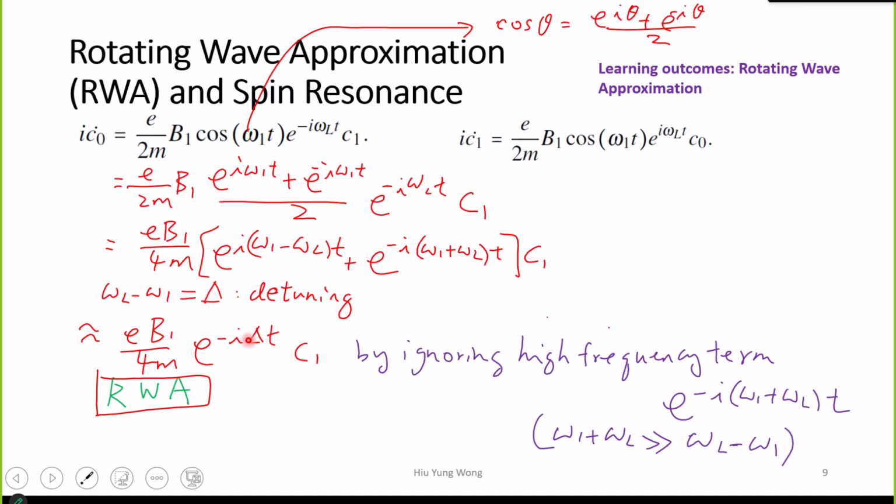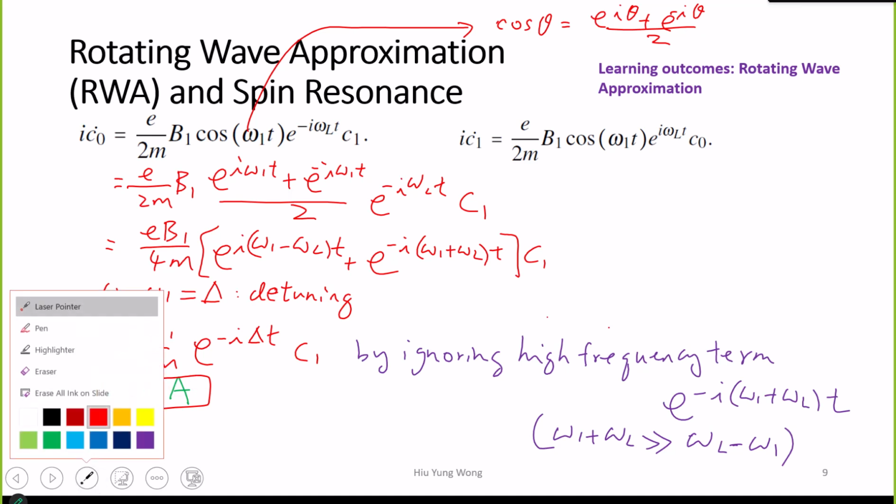So this one becomes negative i delta t. I swap them. Do you see that? So this is equal to negative i times omega L minus omega 1. Do I answer your question? Yeah, I swapped it, a little bit confusing. So this is called the rotating wave approximation.